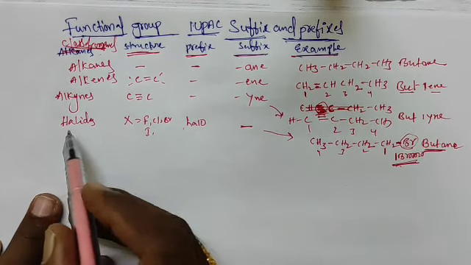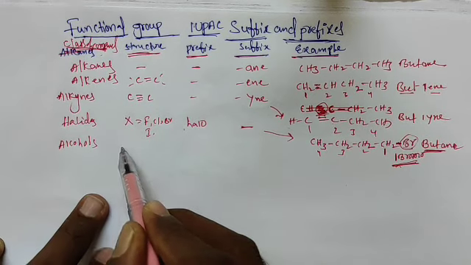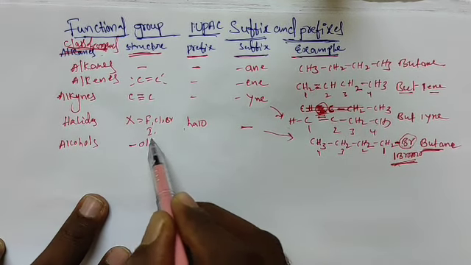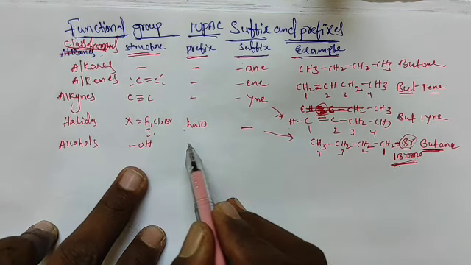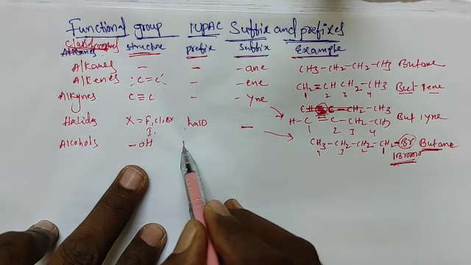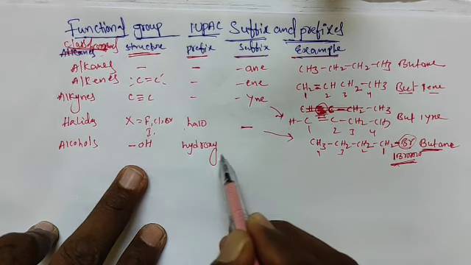Next, after halides, alcohols. The functional group is OH. Prefix we write in front, which is hydroxy.